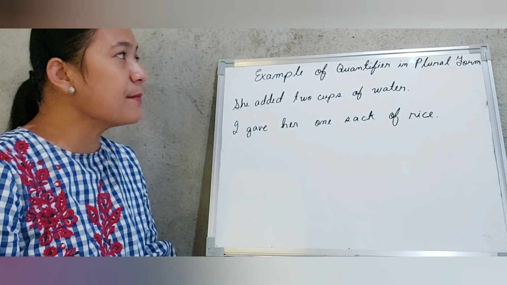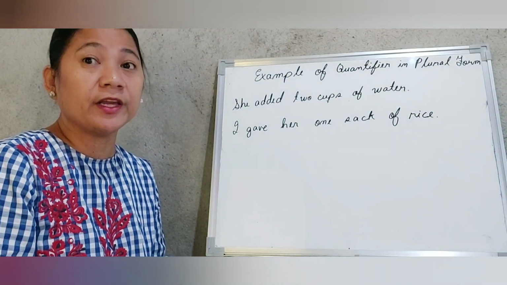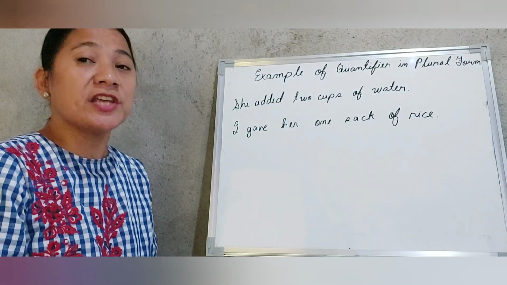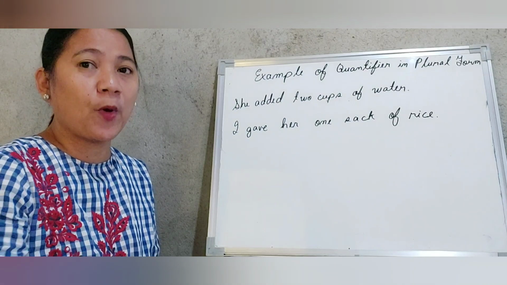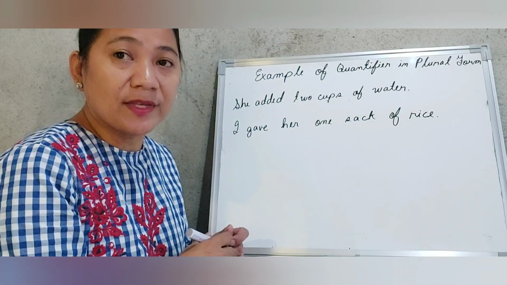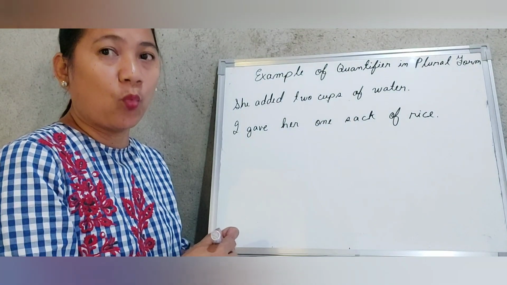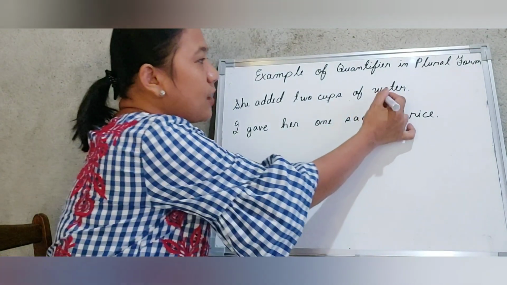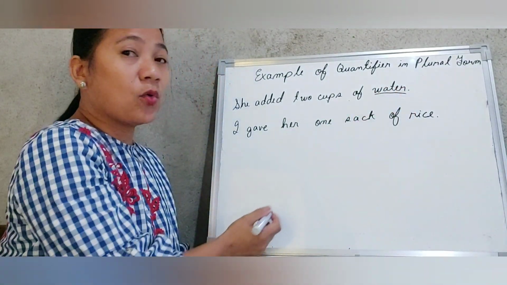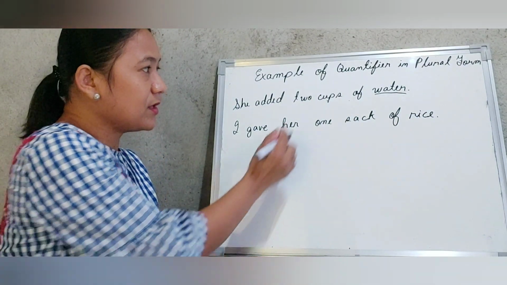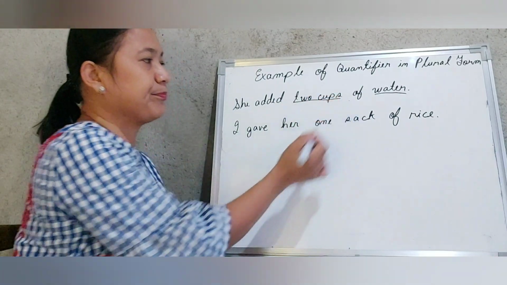Let us have some examples of quantifiers in a plural form. So we have number 1, she added 2 cups of water. What is the mass noun used in sentence number 1? So the mass noun here is water, and the quantifier used to measure the amount of the mass noun is 2 cups.